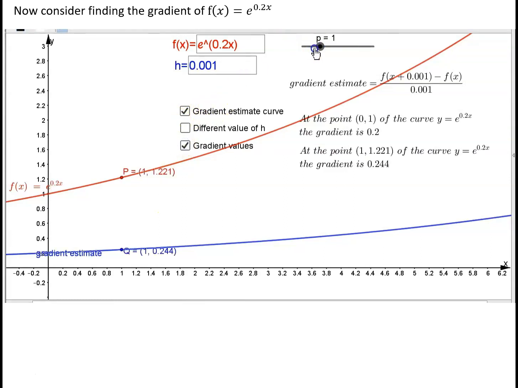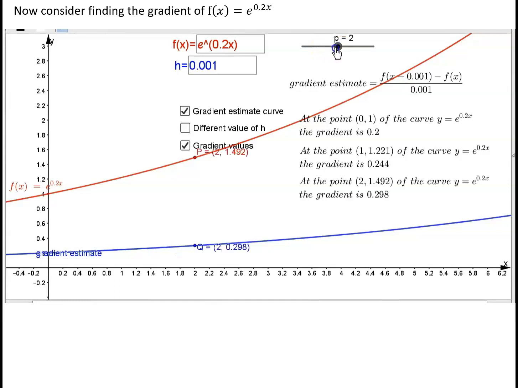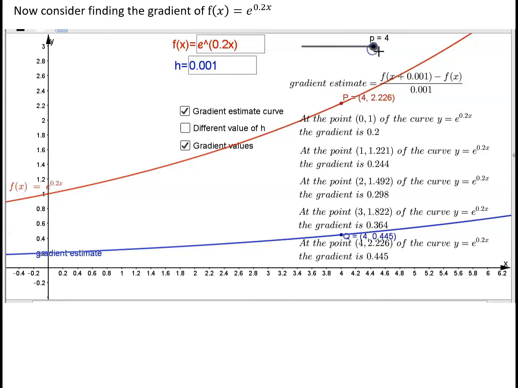At the point where x equals 0, the gradient of the curve is 0.2. At x equals 1, the gradient is 0.244. At x equals 2, the gradient is 0.298. At x equals 3, the gradient is 0.364. And finally, at x equals 4, the gradient of the curve is 0.445.